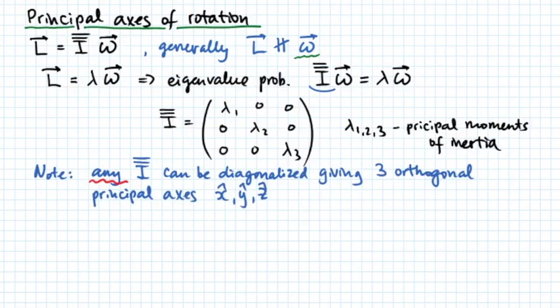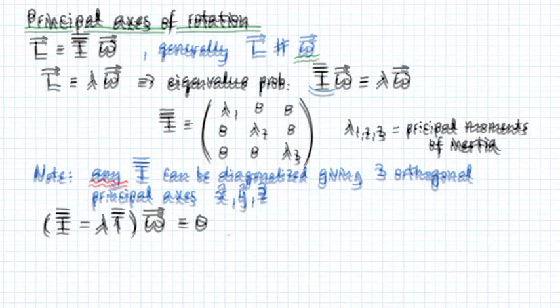In terms of diagonalizing matrix I, we proceed in the normal way. We can rewrite our eigenproblem in the form matrix I minus lambda times unity matrix times angular velocity equals to 0.